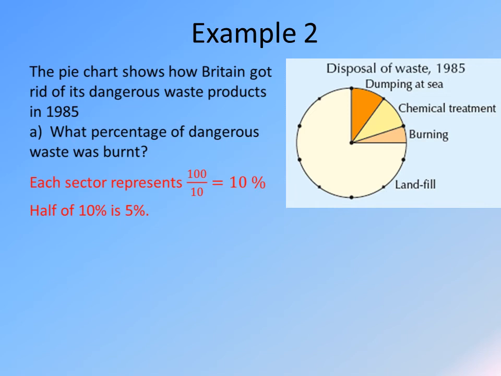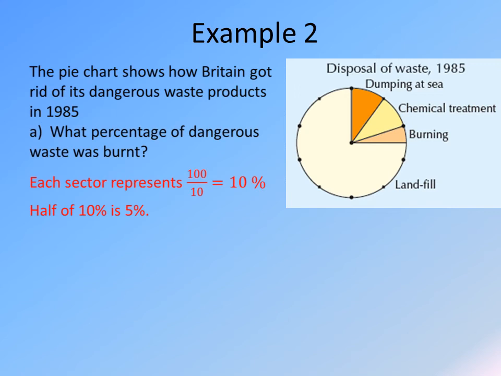This means that each sector will represent 10% in the pie chart. For the dumping at sea, 1 sector means 10%. For the chemical treatment, 1 sector means 10%. For the burning, where the dangerous waste was burned, it will be half of the 10, which is 5%.